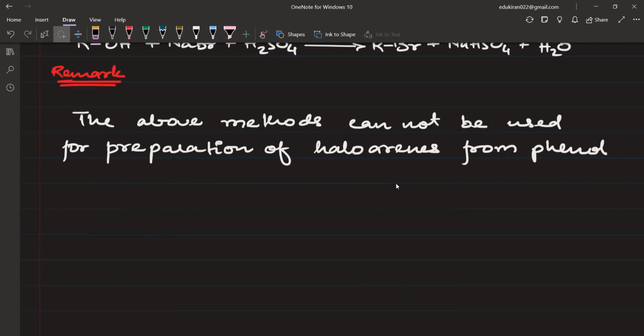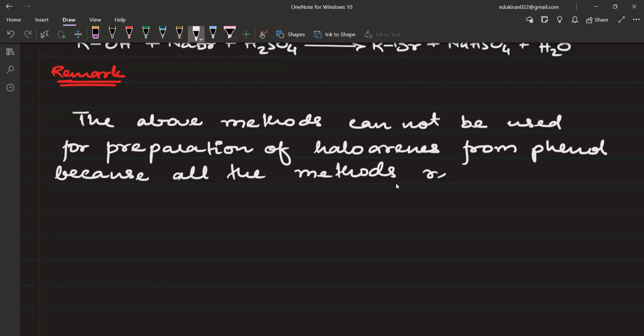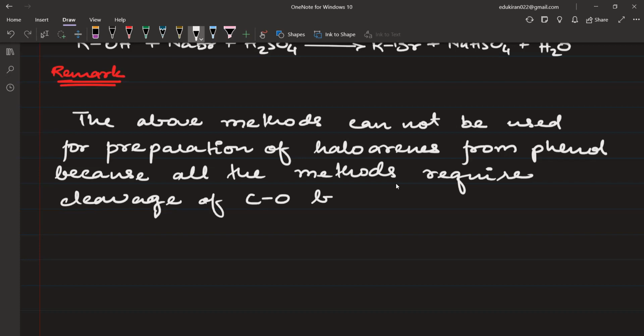Please write: the above methods cannot be used for preparation of haloarenes from phenol because all the methods require cleavage of the C-OH bond.